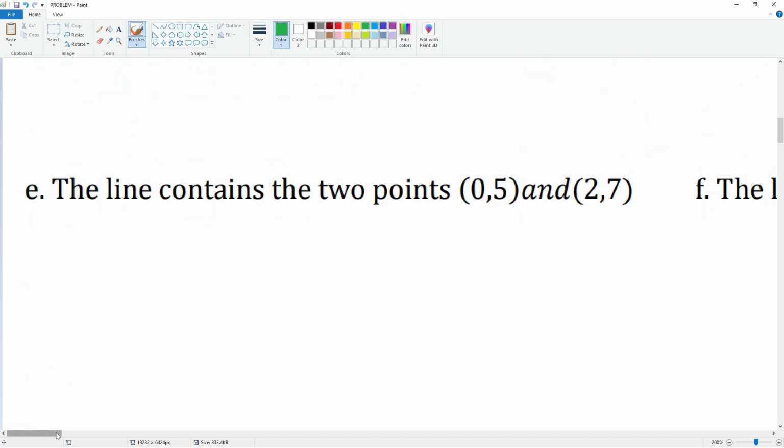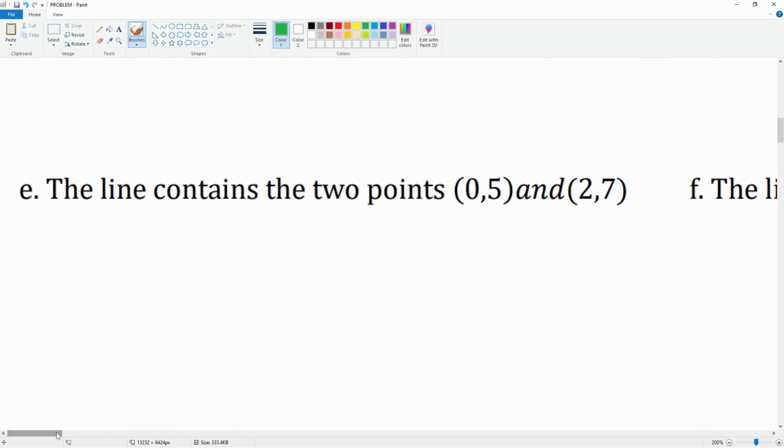Next here, this is a 2-point problem. I'm going to do this once and only once: I'm going to show this from the equation point of view. So this is x1, x2, this is y1 and y2. The equation for slope is this, right?